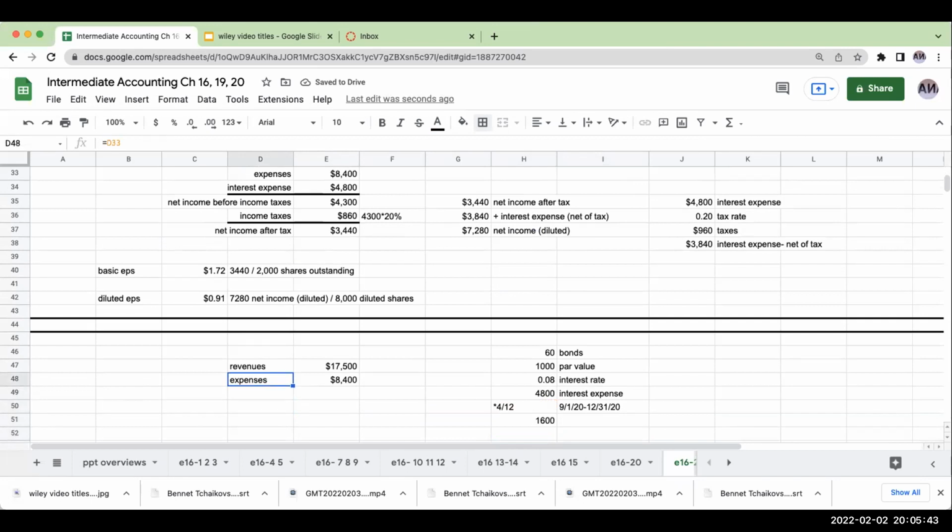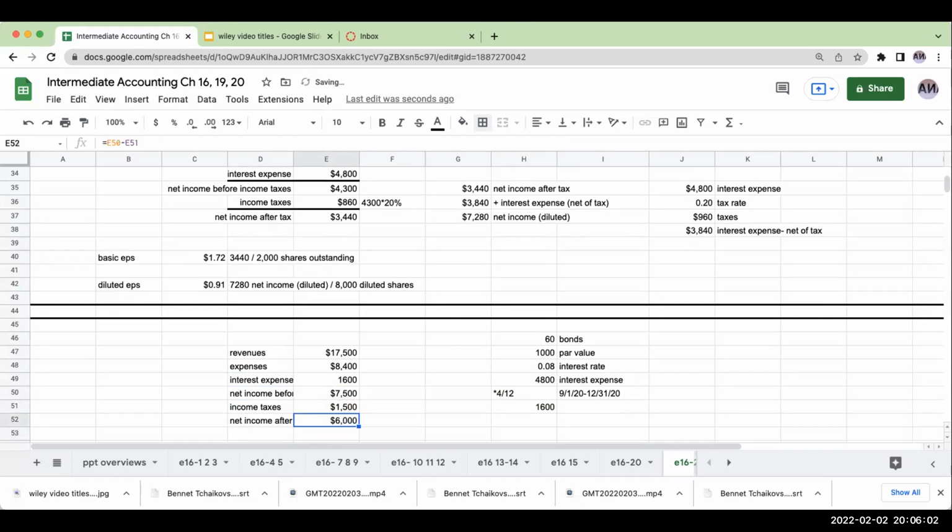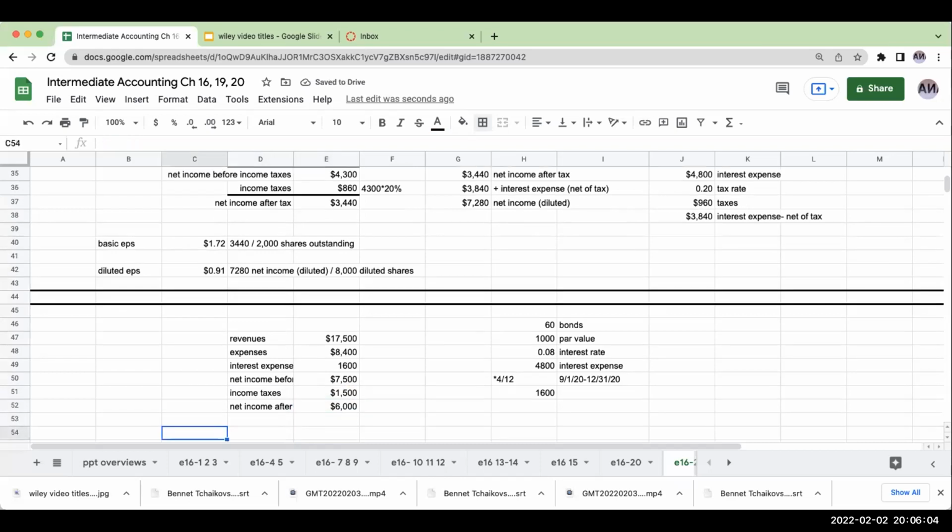So my interest expense is now going to be 1,600. So my net income before income taxes is going to be 7,500. My income taxes are 20% of that amount. So my net income after tax is going to be $6,000.